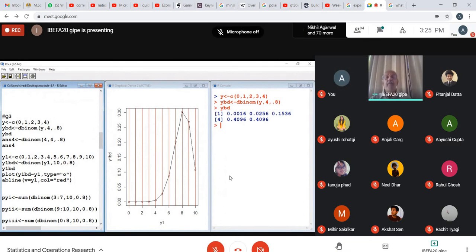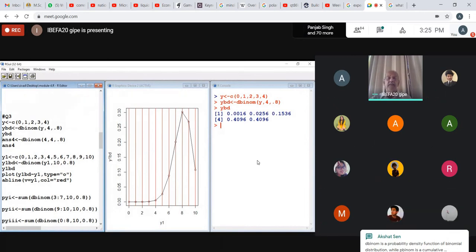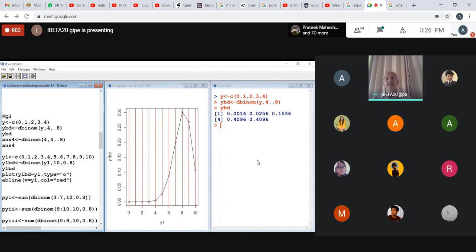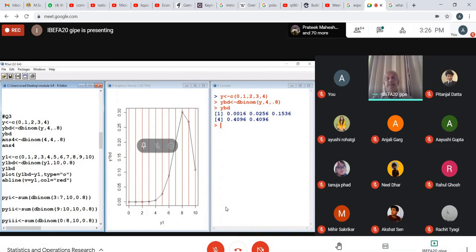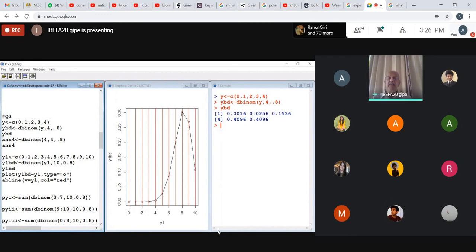How many values does Y have? 5. Which are they? 0, 1, 2, 3, 4.